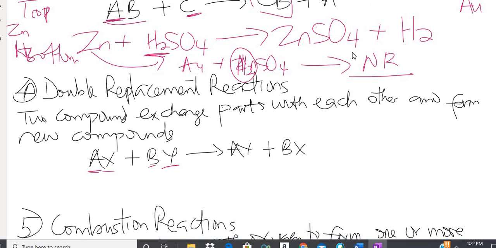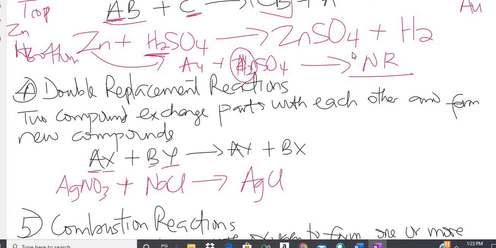Let's take an example using this. We have silver nitrate plus sodium chloride, and this is going to give us silver chloride, because my silver will go with my chlorine and my sodium will go with my nitrate.